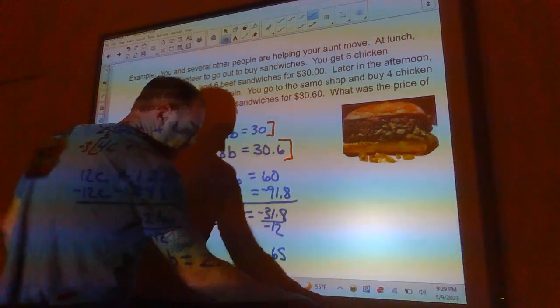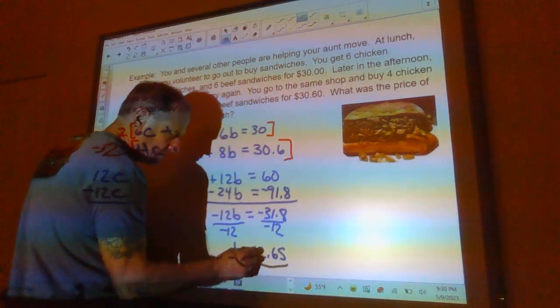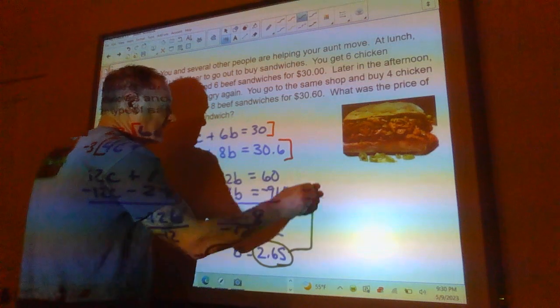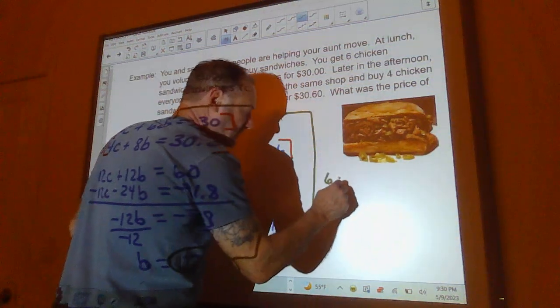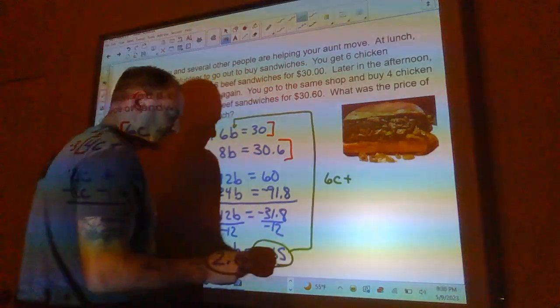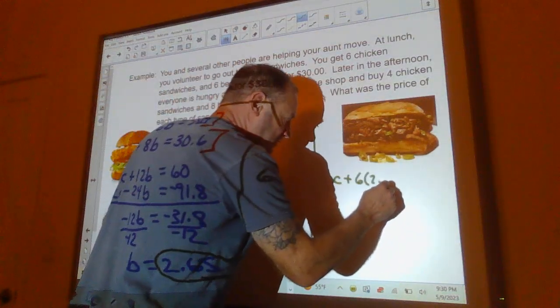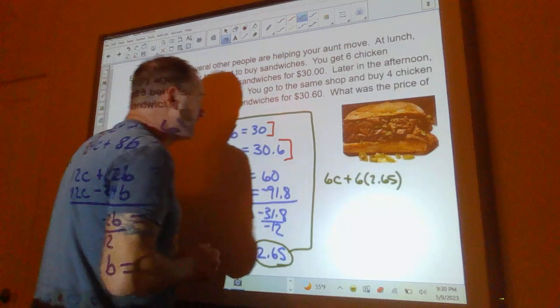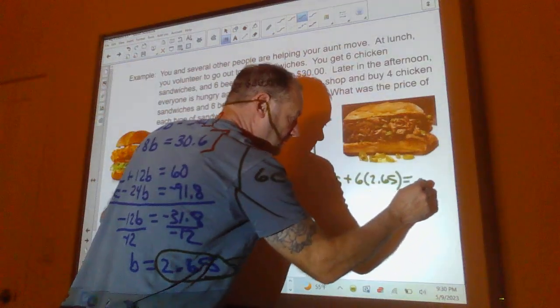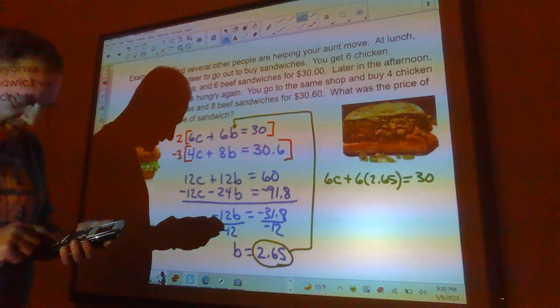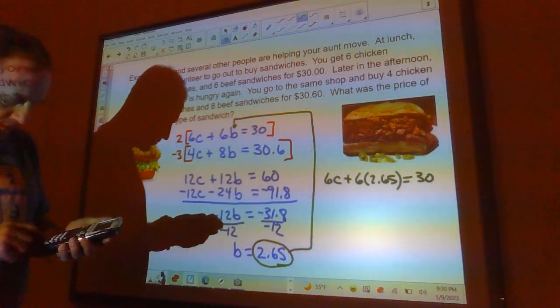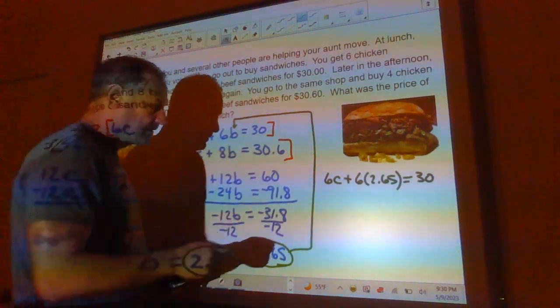Then I'm going to take that value and plug it back into one of the original equations for B. So 6C plus 6 times 2.65 is going to equal $30. 6 times 2.65 is 15.90.